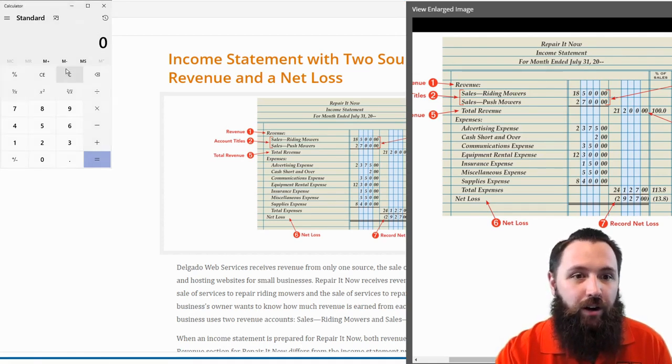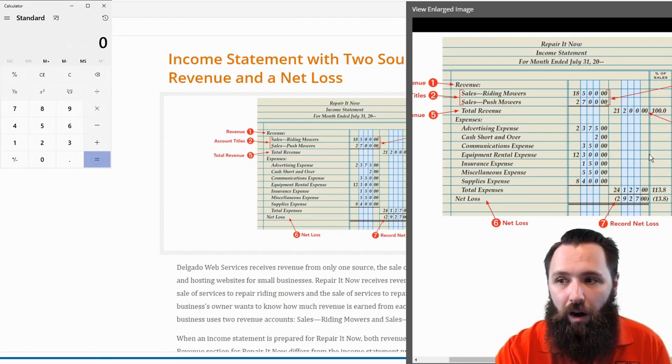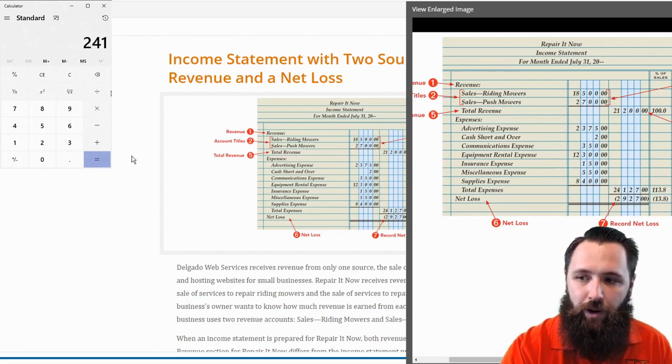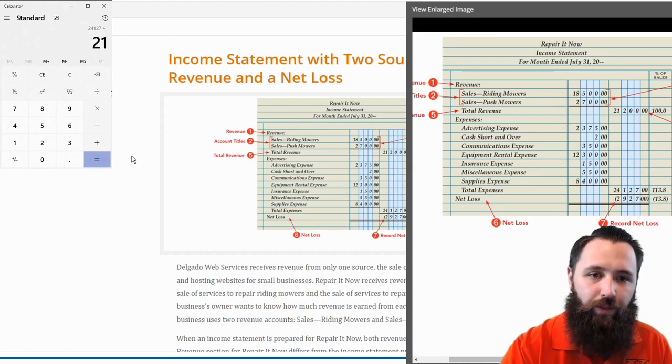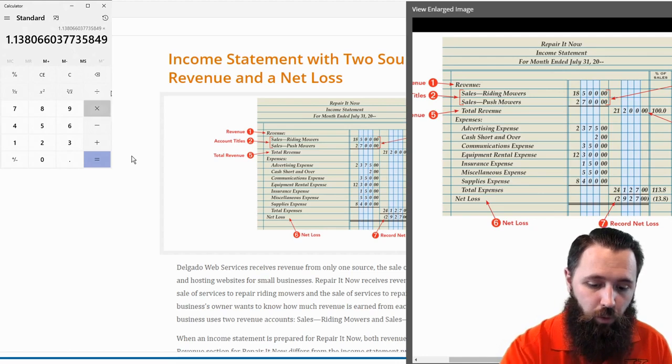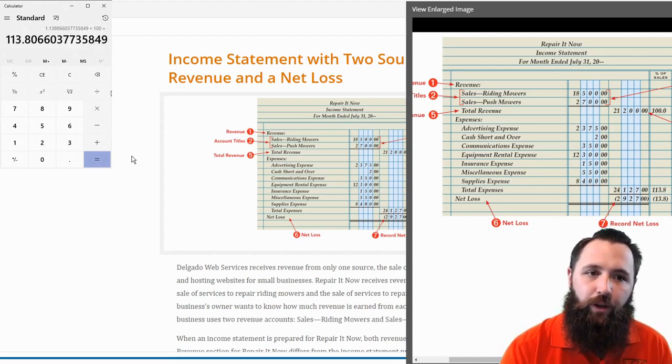So right now, our expenses are 113.8% of our sales. So how would we calculate that? Same way that we did it before, 24,127 divided by 21,200, and we get 1.138. We multiply that by 100, and we get 113.8.